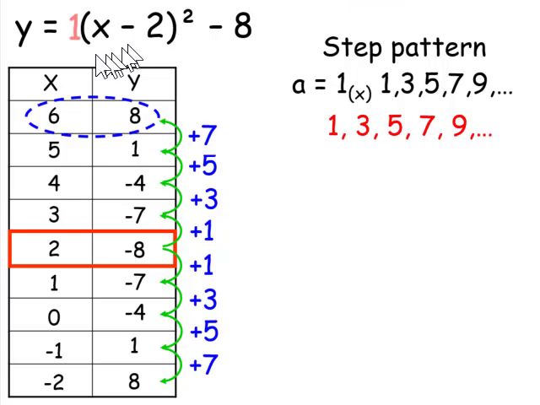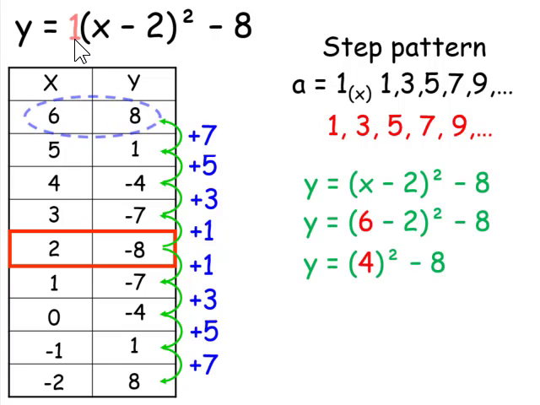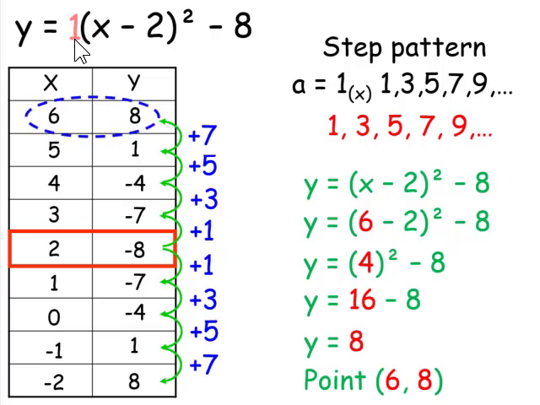A lot of times I'm working quickly and I forget that it's not a 1 and my step pattern will change, or maybe it's a negative, or maybe I just added wrong. So it's great to check that last one. So when I check it, I'm going to plug it in, simplify, and I get y equals 8. So my point should be 6, 8.